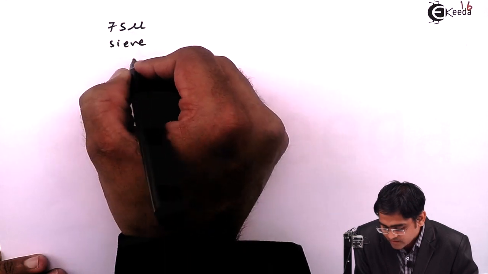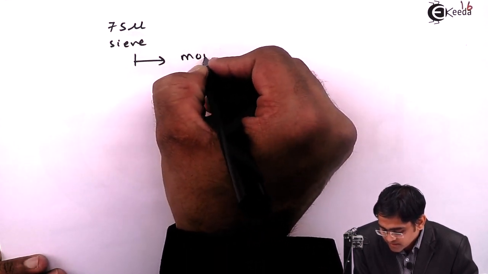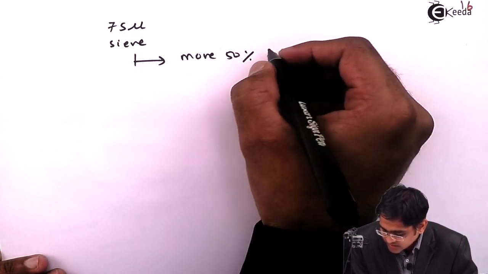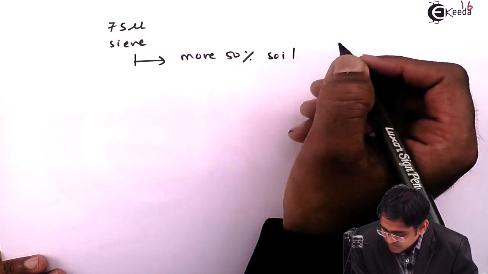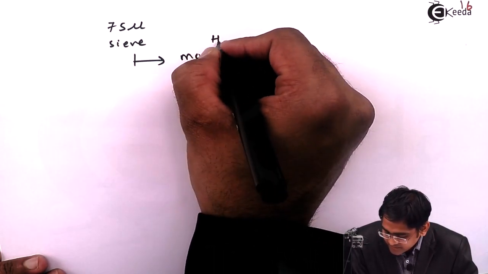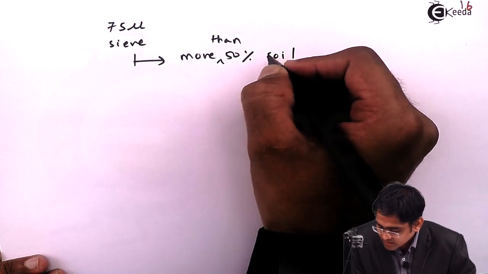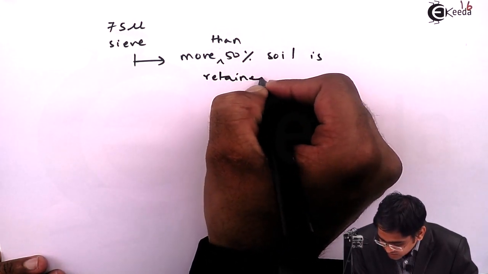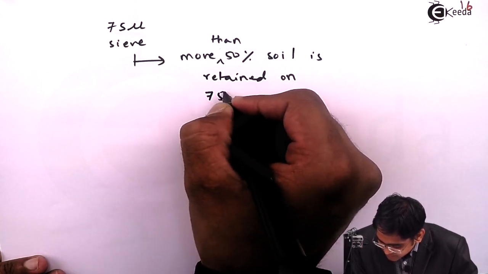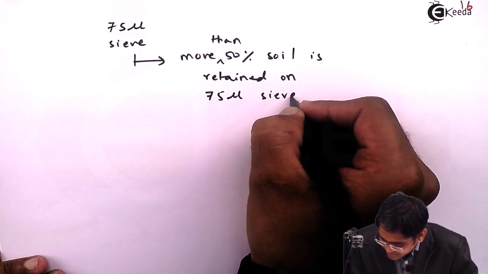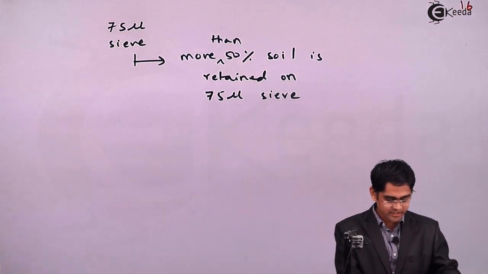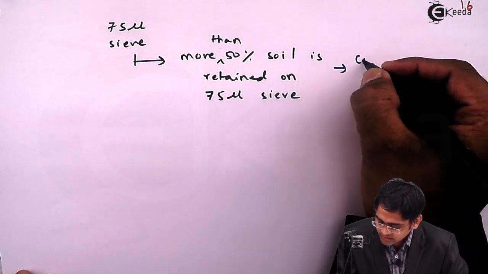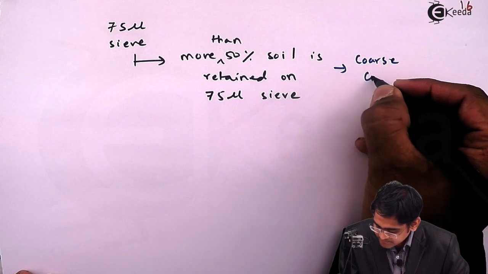And if more than 50% of the soil is retained on the 75 micron sieve, then we call it coarse-grained soil.